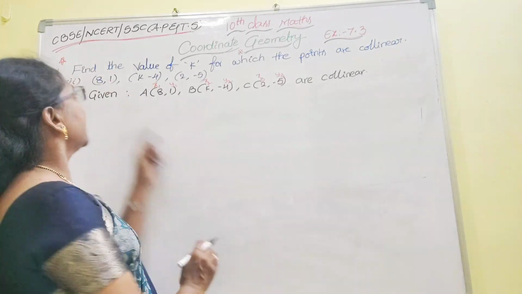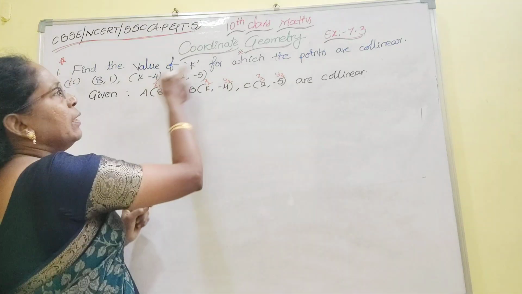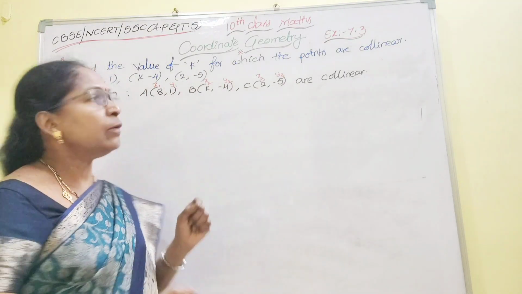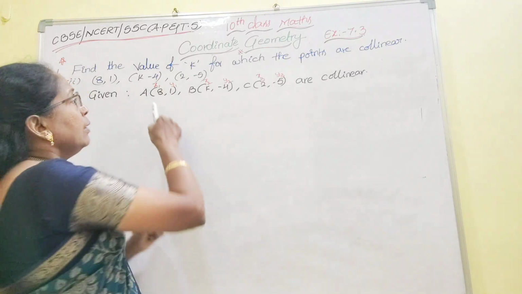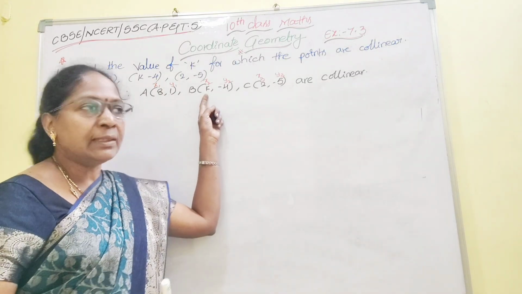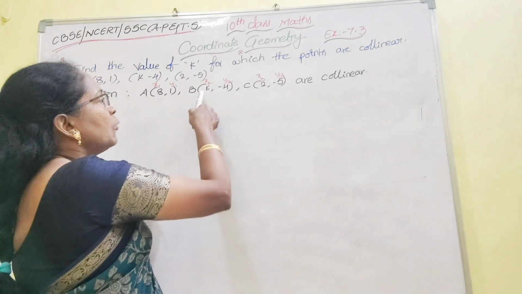Next, the second one. Here same, 3 points are given. Those 3 points are collinear points. You have to find out the value of k. See, in these coordinates, one value is a k value, an unknown value is given. That unknown value we have to find out. That unknown value is k.